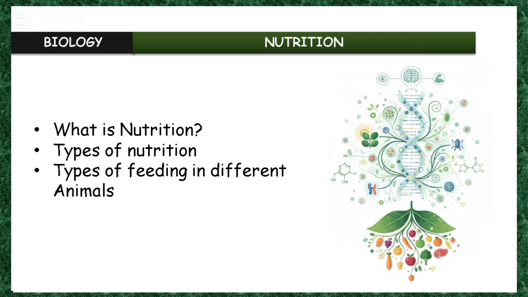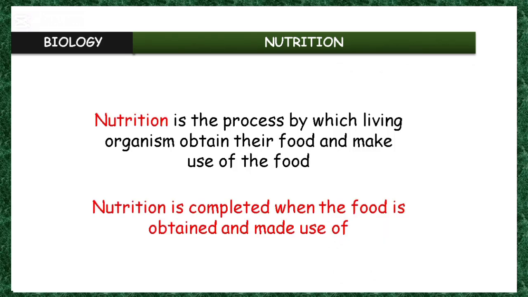So if asked what is nutrition? Nutrition is actually defined as the process by which living organisms obtain their food and make use of the food. Obtain the food and also make use of the food.